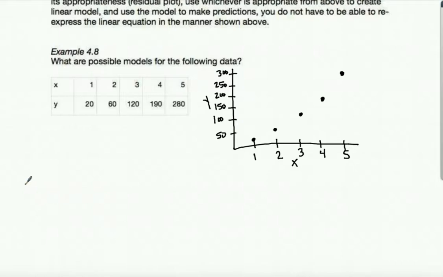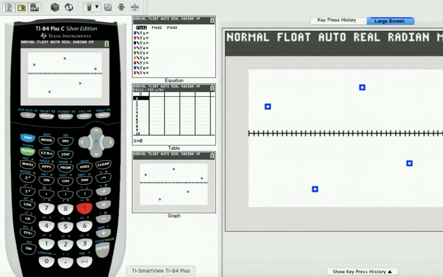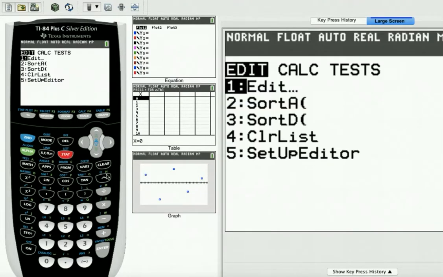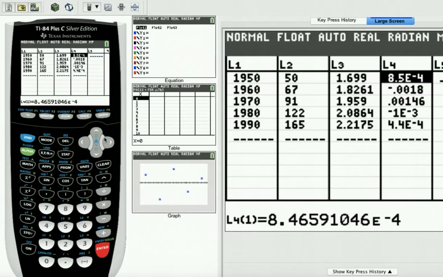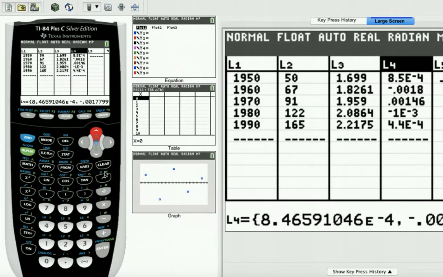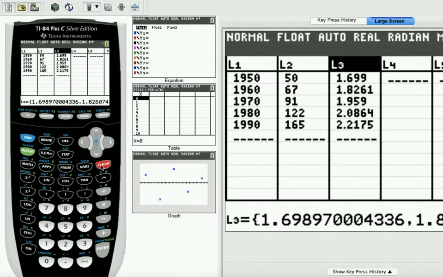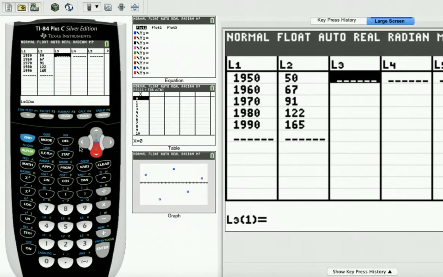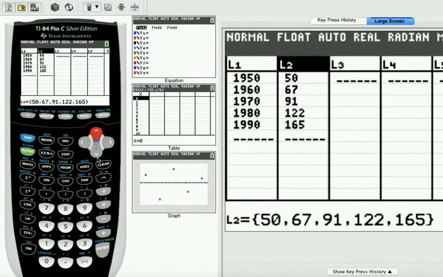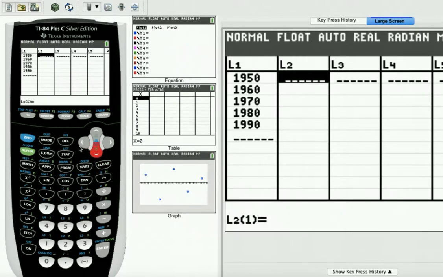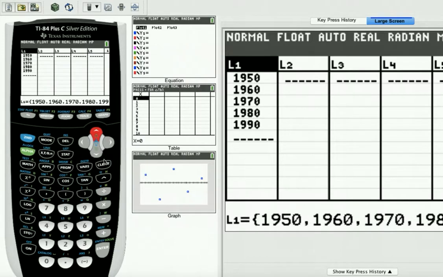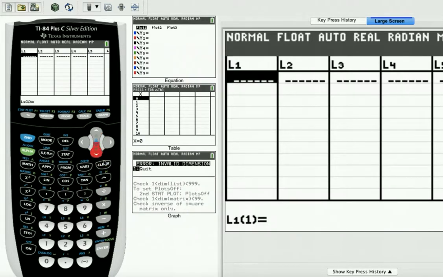Okay, so if we did log y, I'm going to go to my stat. I'm going to go to edit. I'm going to get rid of all this stuff because I don't need it. So we'll put our new values in there.